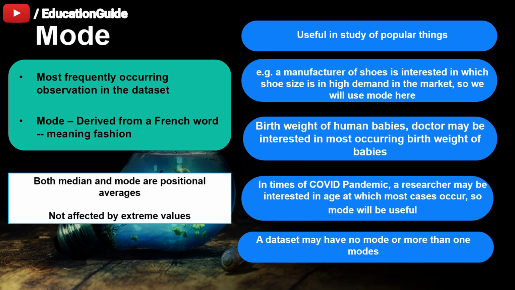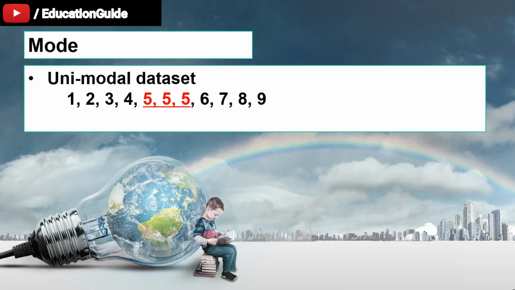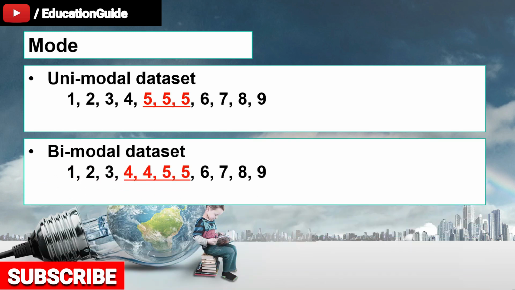A data set may have no mode, a single mode, or more than one mode. A data set can be unimodal, that is having one mode. In the given data set, that is 1, 2, 3, 4, 5, 5, 5, 6, 7, 8, 9, 5 occurs 3 times. So the mode of this data set will be 5. Similarly, a data set can be bimodal.